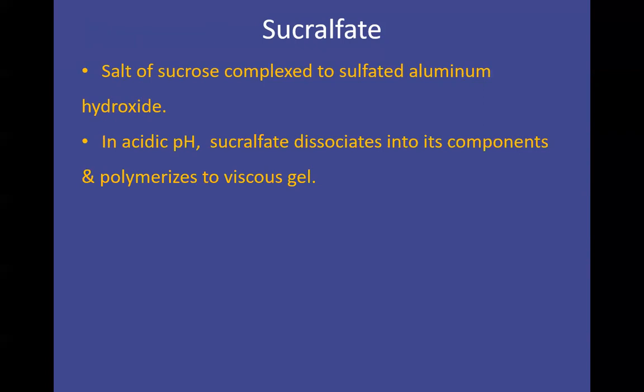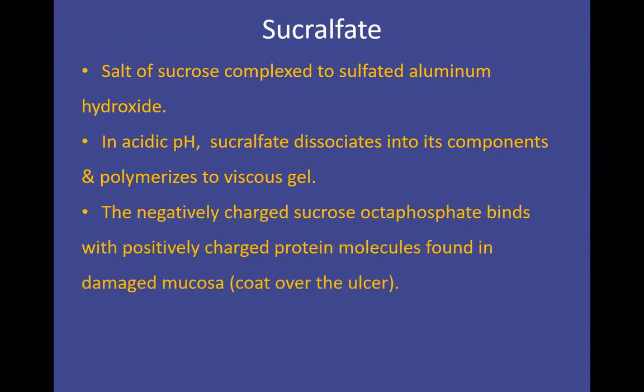So the acidic pH leads to that complex sugar salt dissociating into its components and polymerizing to a viscous gel. Now, because there is a phosphate group in that sucralfate, it binds to a positive group, that is the protein molecules found in the damaged mucosa.